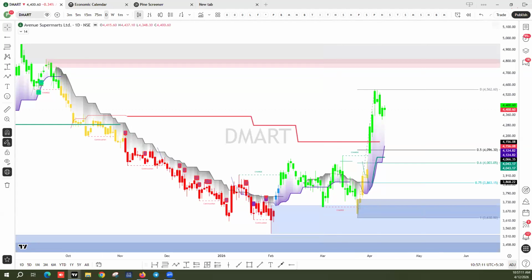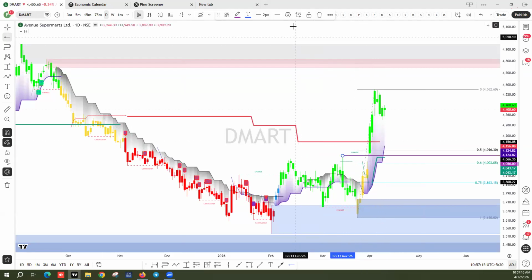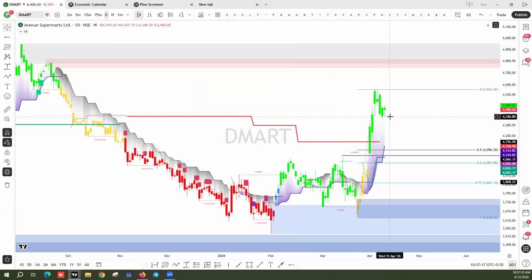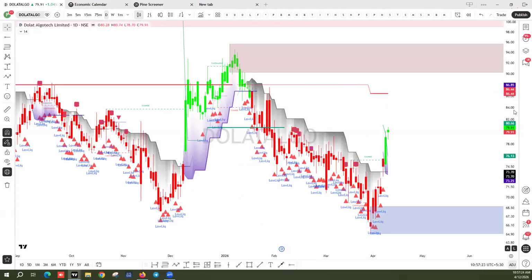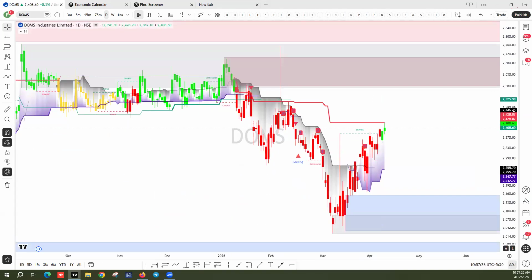And we can see 50%, 60% retracements. So I will place alert at previous swing high. Dolat Algo, let it go. DOMS. Now, where will you place alert in DOMS?